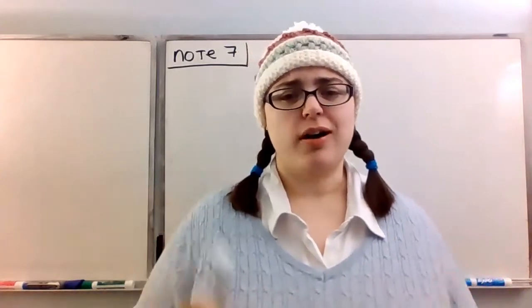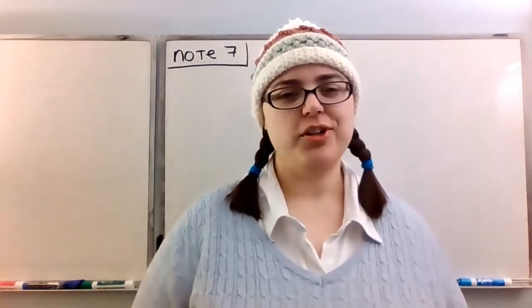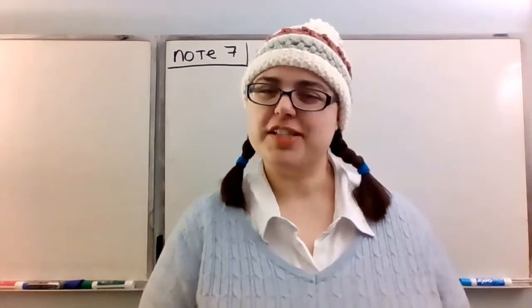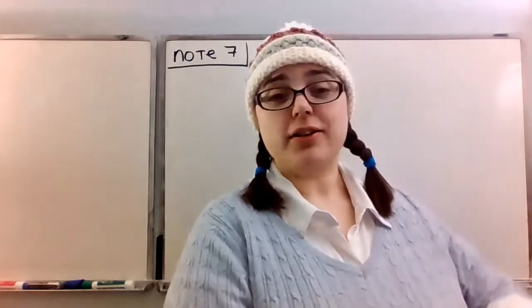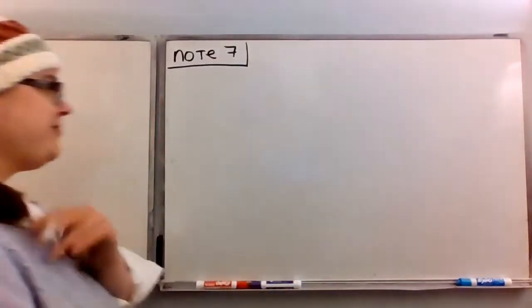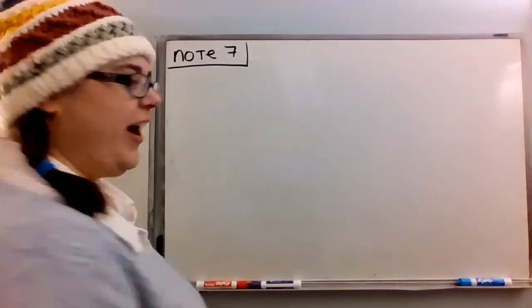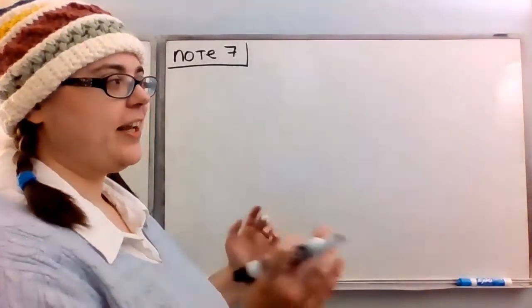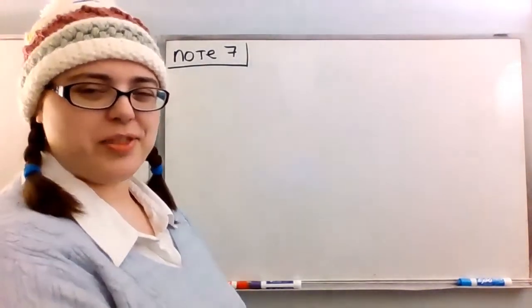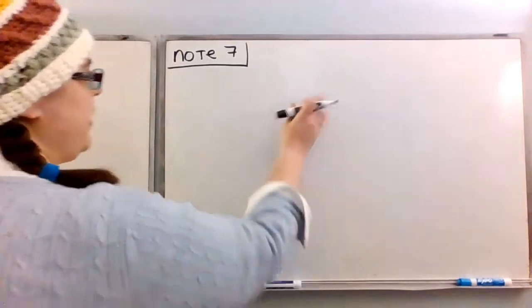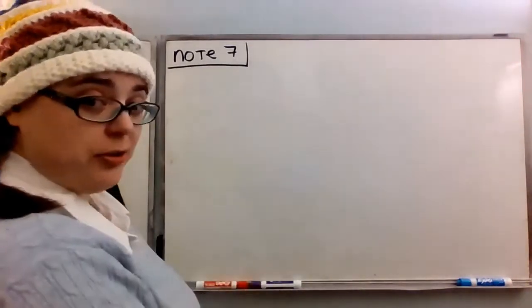So for our beginning note here, note 7, we're going to do a little bit of an experiment. We're going to play a little bit. So let's play along with me here. I'm going to start out by taking, let's go with, an m by n matrix. And I'm going to represent this in general.